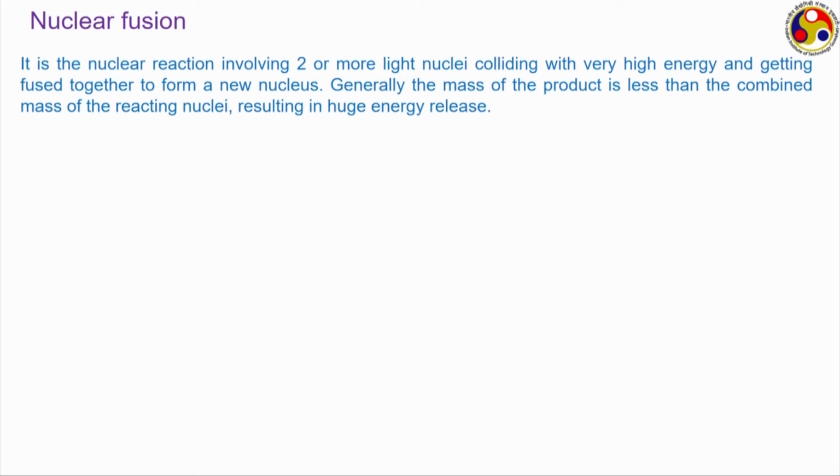As we have already seen, we have gone through several generations of nuclear reactors, all of them working on nuclear fission, and we have also discussed thermal fission and fast fission and the different associated factors.